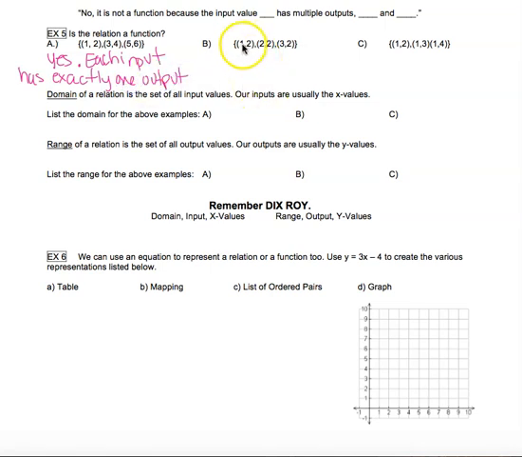Then I look at B. 1, 2, 3 for my inputs. So I'm good. Yes. Each input has exactly one output. Finally, C. 1, 1, 1.